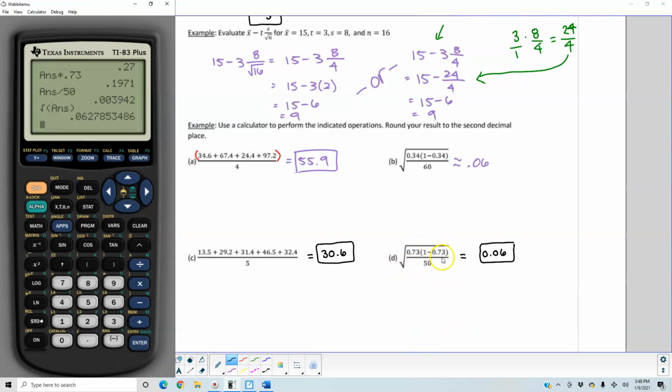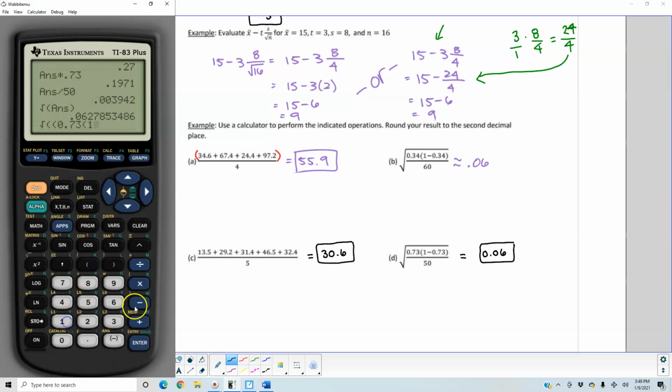Now let's try another way if we want to do this. Let's say we just want to put in this entire problem completely. So put in the second square root, right? And then you have a parenthesis here, but we want this numerator to be by itself. So we're going to have to add a second left parenthesis and then put in this information. So we're going to put in 0.73, and then the parentheses, right?